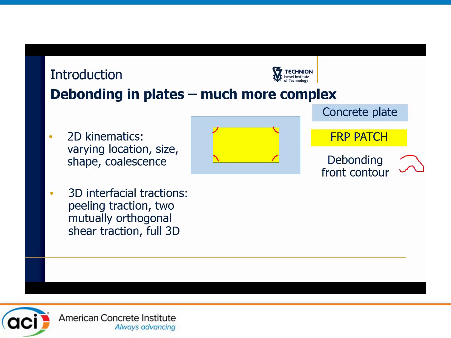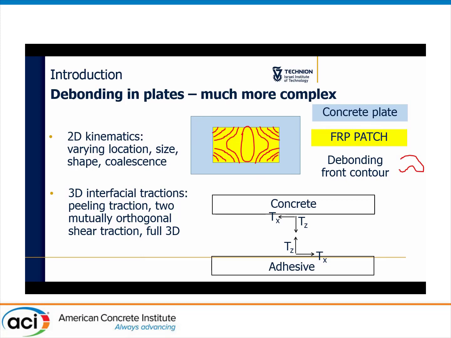The debonding front, denoted here by the red line, could, for example, develop in such a way, qualitatively. We see that the area, the shape and the location of the debonded region change, as opposed to the 1D beam case where it's just a point along a line. Here it's a change of area, location, size, etc.